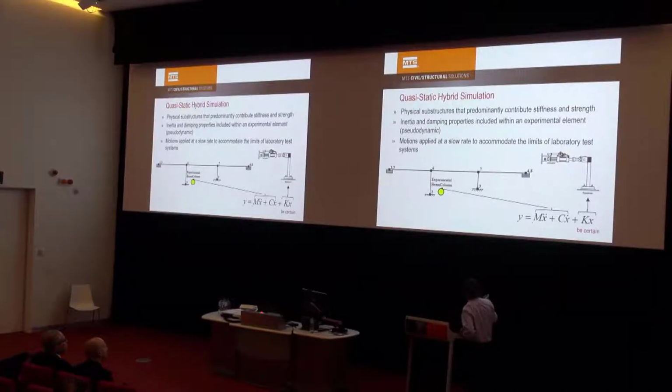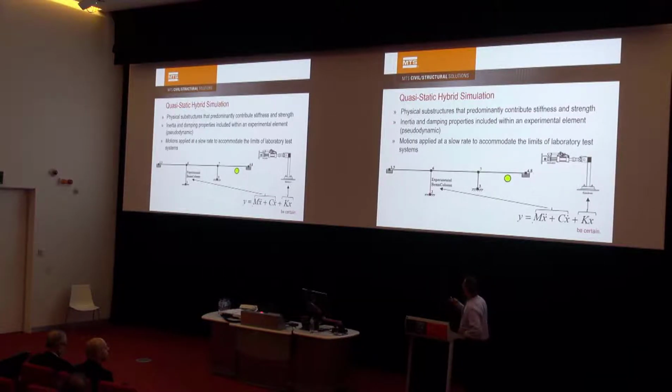So in that case, the lab only provides the stiffness term, and it can provide it fast or slow, depending upon what kind of test equipment you have. Then the requirement for the test equipment is reduced significantly.